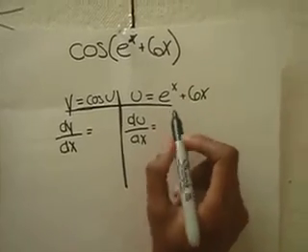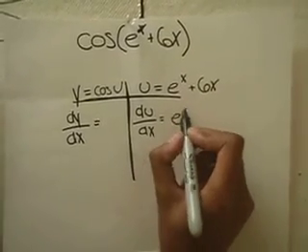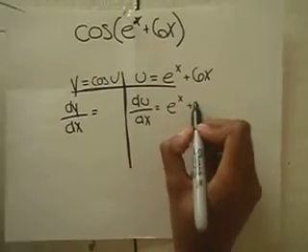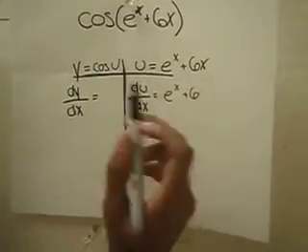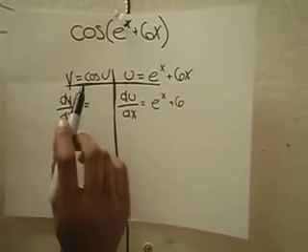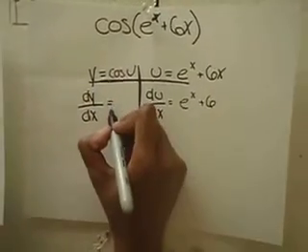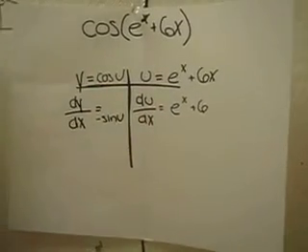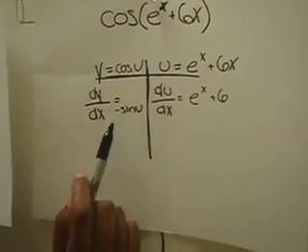The derivative of e to the x is e to the x, and the derivative of 6x is 6, so the derivative of u is e to the x plus 6. The derivative of y, the derivative of cosine u, is negative sine u, because the derivative of cosine is negative sine.